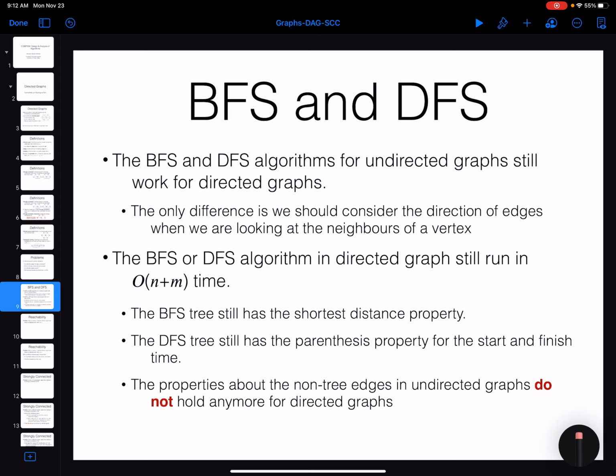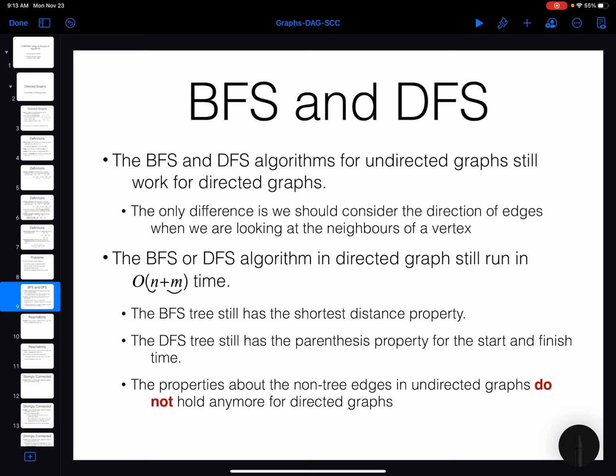Both algorithms that we discussed are completely applicable on directed graphs. The time complexity of these two algorithms over a directed graph is going to be exactly the same as undirected graphs. The time complexity will depend on the number of edges and the number of nodes. This is going to be O of n plus m, where n is the number of nodes and m is the number of edges.